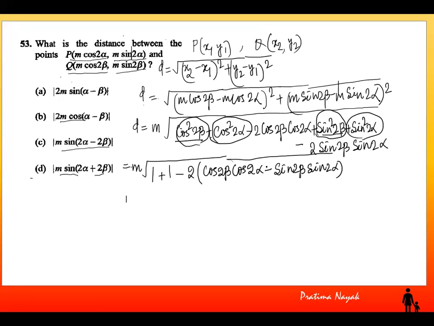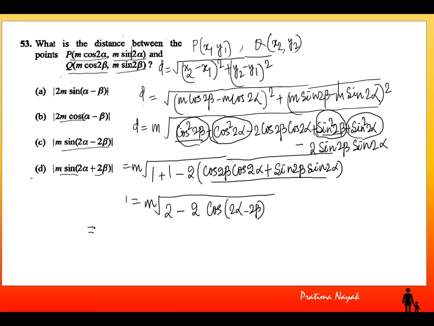It will not be minus, it will be plus because I am taking the negative sign. So I am getting m into square root of 2 minus 2 times, and this is a well-known formula. What is it? It will be cos of (2 alpha minus 2 beta).